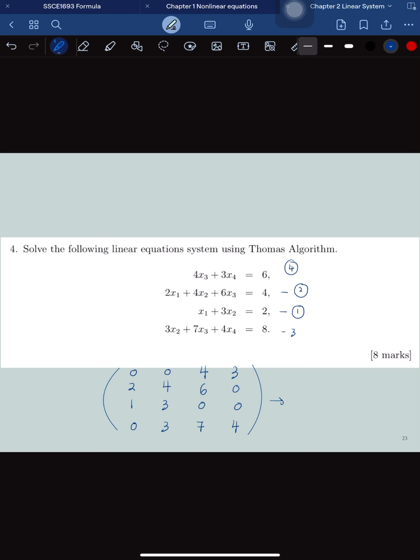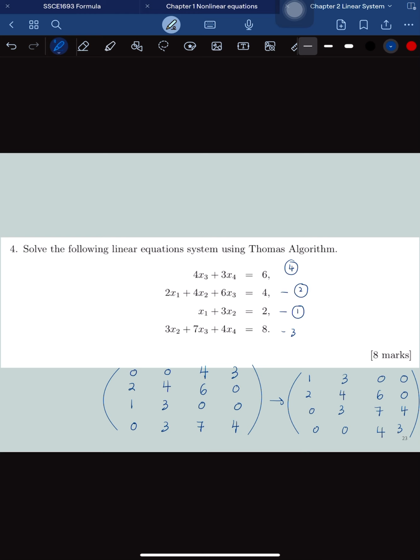Now when you rearrange, you can get 1, 3, 0, 0; 2, 4, 6, 0; 0, 3, 7, 4; and the fourth one is 0, 0, 4, 3. Now you can get the tridiagonal matrix. So you need to rearrange your matrix.